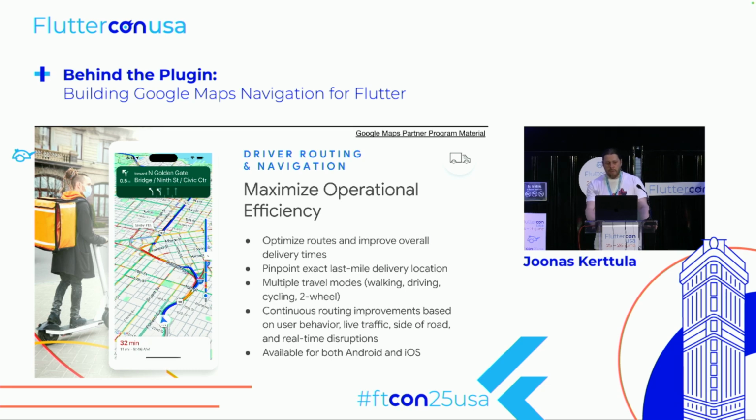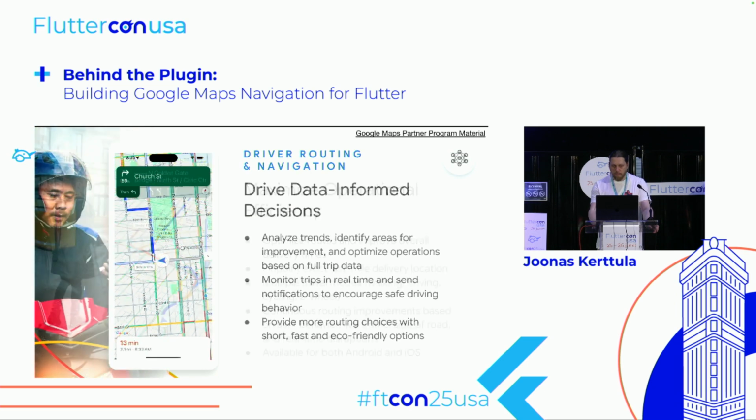Driver routing and navigation allows optimization and continuous routing improvements while drivers are navigating. So it's always tracking traffic and things like that and gives you better routes while you're navigating, like the official Google Maps application does.